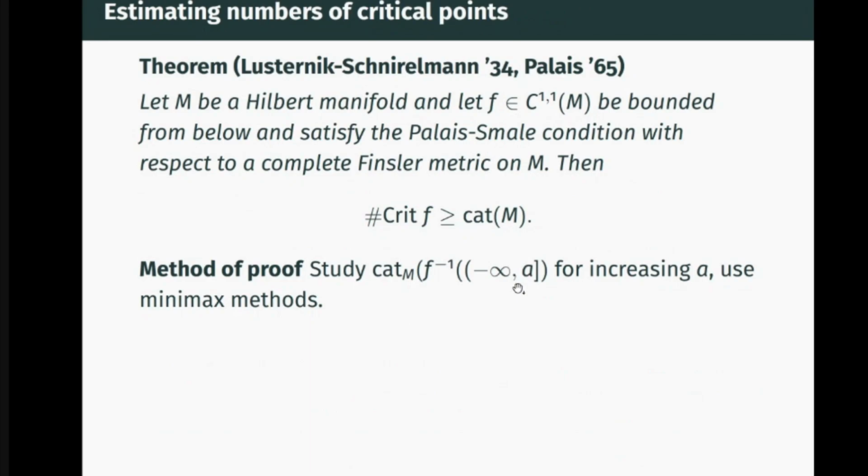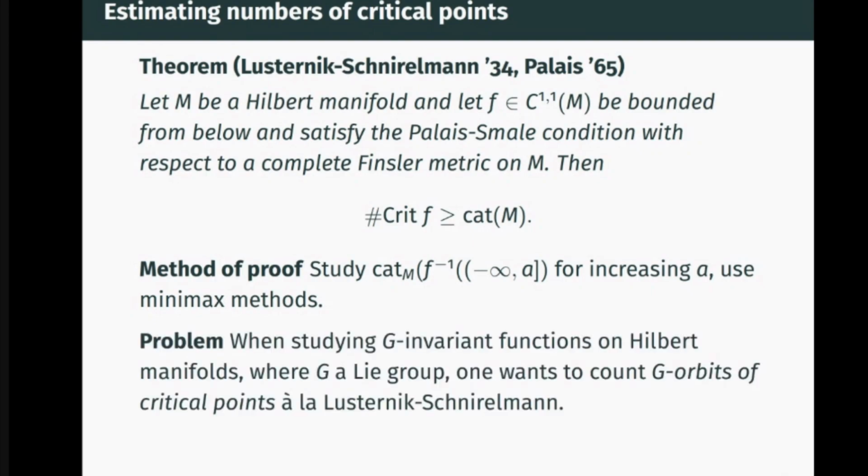Basically, you use minimax methods. If you don't cross critical values, nothing happens. This is the standard deformation lemma. But if you cross critical points, you can see that your category will increase. So you can count critical levels with this procedure, using the nice minimax methods to really show that something is happening there, so that this cat is really increasing.